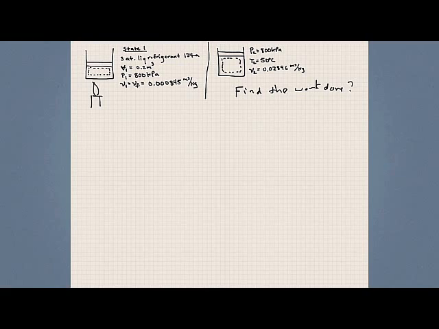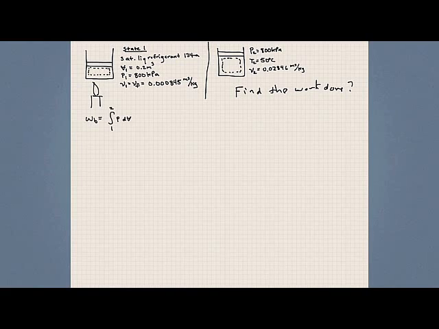So where do we start? Well, what we're going to use is our boundary work definition, and I'm going to write that here. Our boundary work definition states that if we integrate the pressure times the volume from state 1 to state 2, that will give us a value for work.